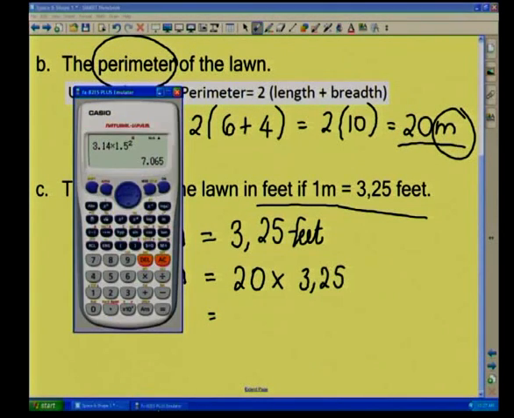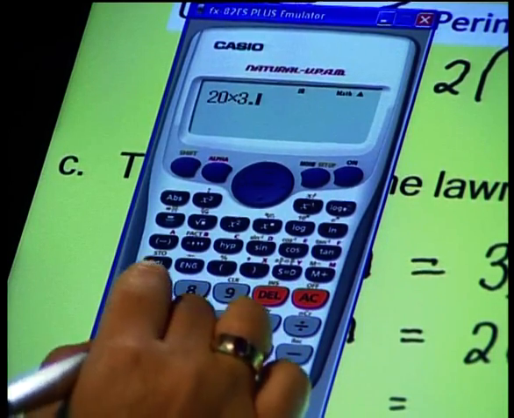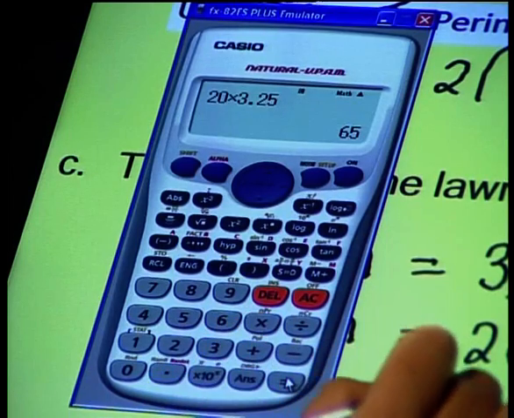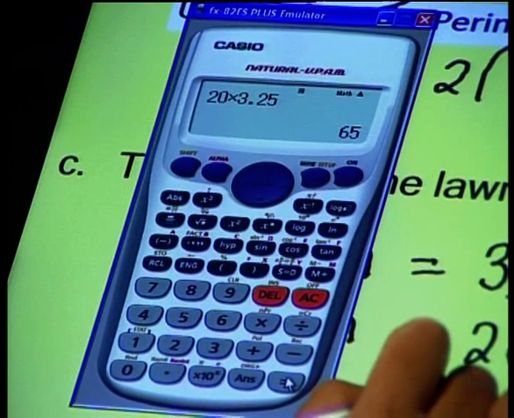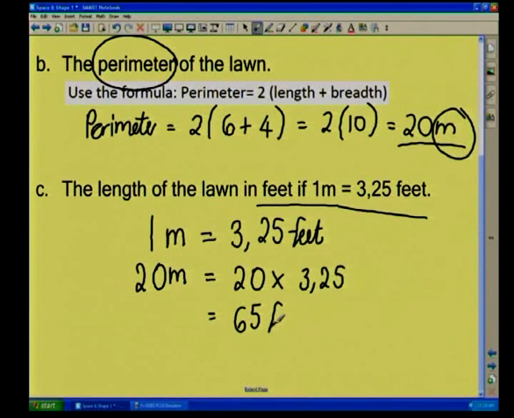And again, using my calculator, 20 times 3.25 equals 65 feet. Is that what they asked us for? Yes, they wanted the answer in feet.